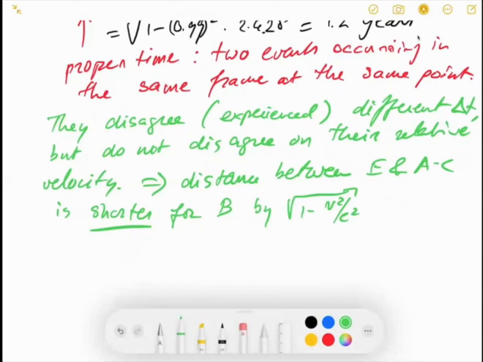Because you could imagine that B is measuring the distance in terms of how fast his spaceship is moving past certain points of reference, cosmic dust or whatever it is. So you're measuring it in units of spacecraft length. Then you're going to determine that the distance between Earth and Alpha Centauri has changed, and that is the effect of length contraction.